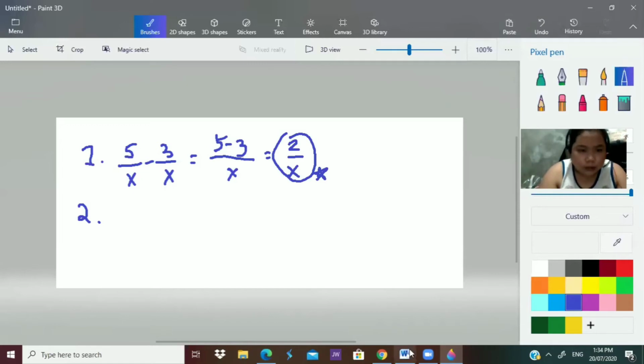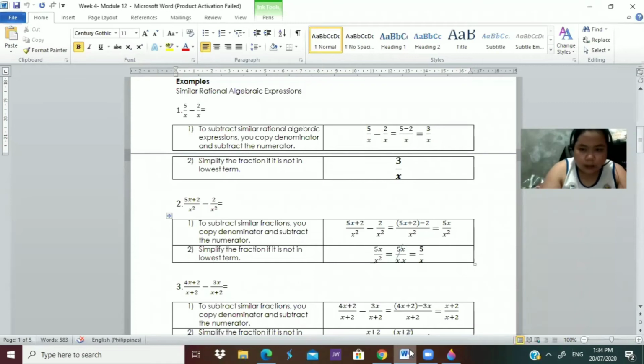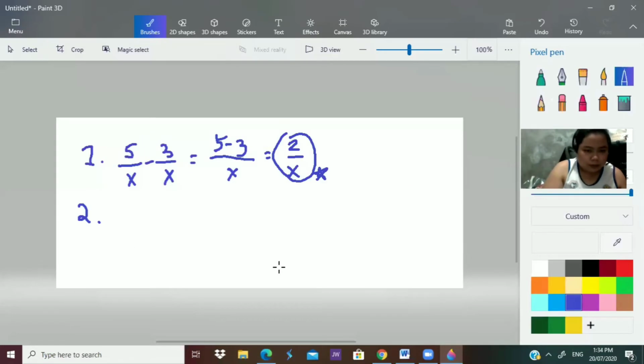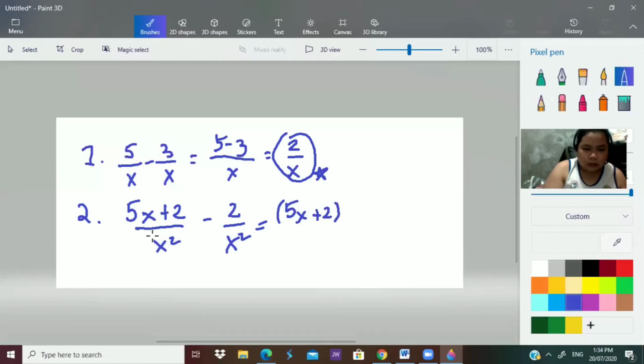Then, second example, we have 5x plus 2 minus 2 all over x squared.